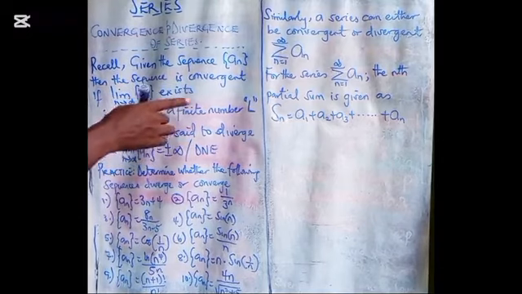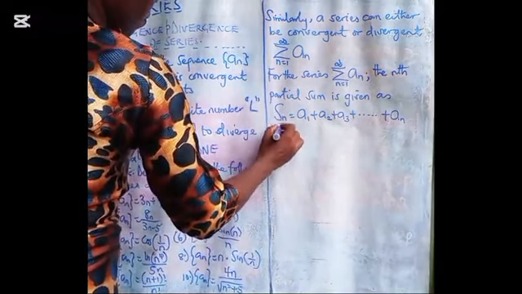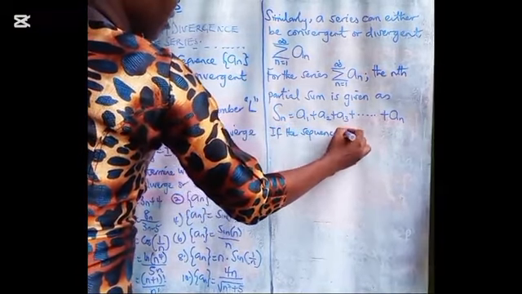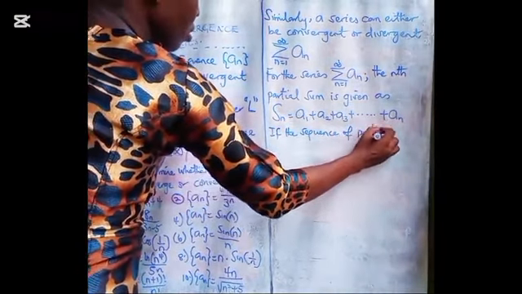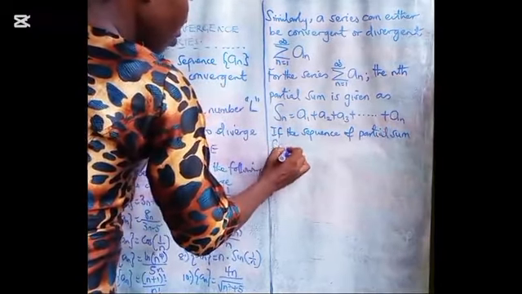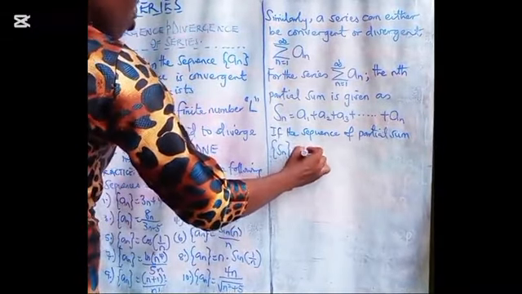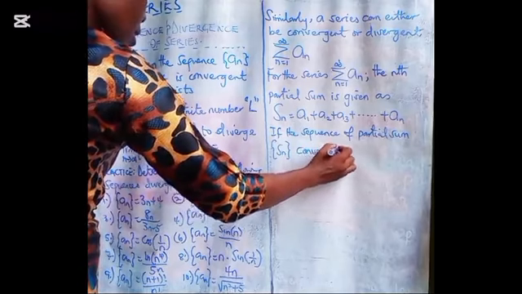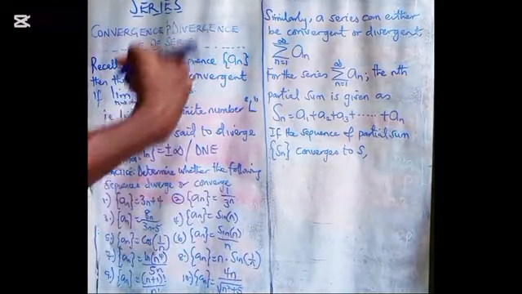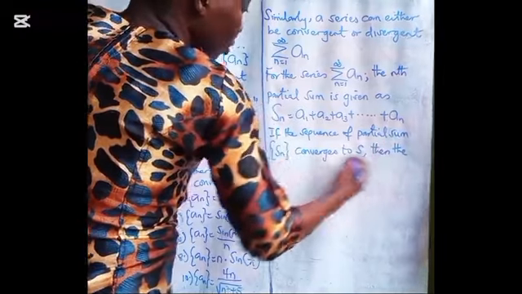Now, if the sequence of partial sums, that is the sequence of S sub n, converges to S, then the series will also converge.